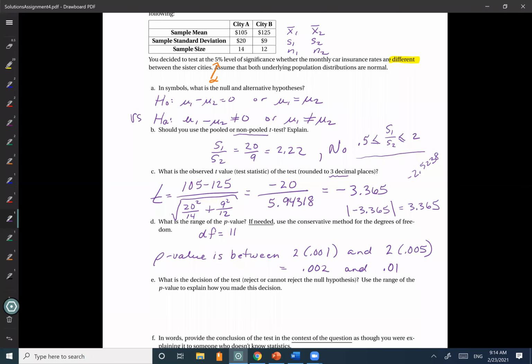So I'm wondering if, in the denominator, you are possibly missing brackets. This is how I put that into the calculator: I go square root, bracket, 20 squared, divide by 14. So make sure you're squaring too. I'm not sure how you're getting the negative 2.5. Let me just do it without the squares.